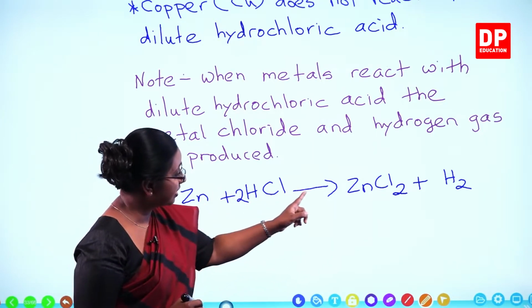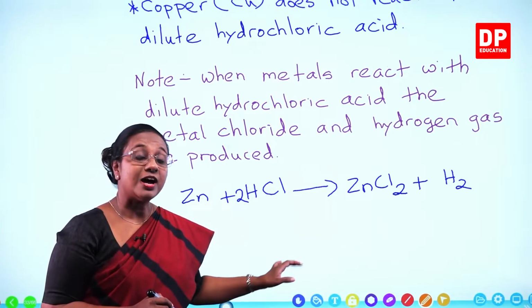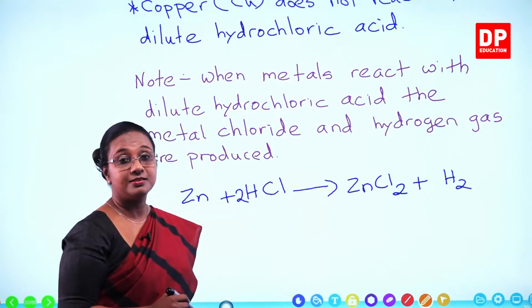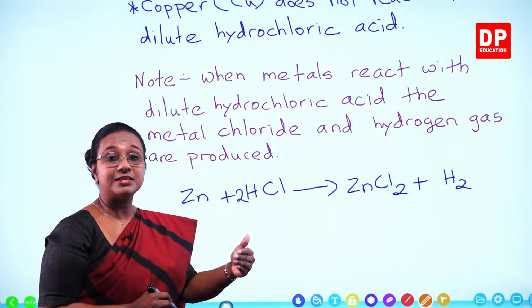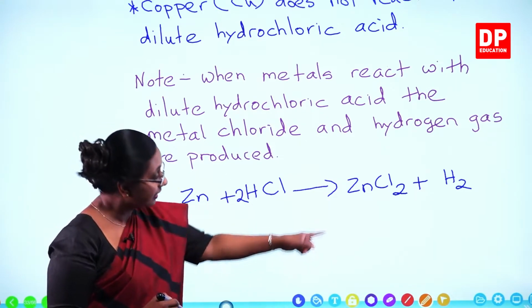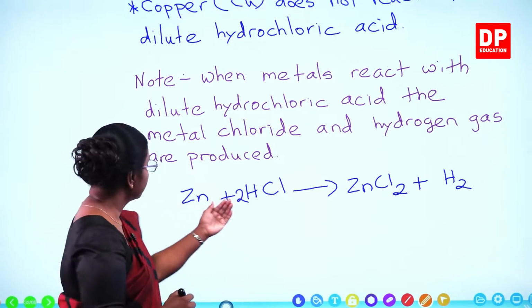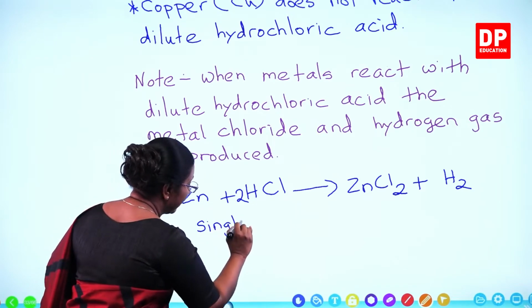Zn plus 2HCl gives rise to ZnCl2 plus H2. And what type of a reaction is this? Zinc displaces hydrogen. In the earlier reaction, you can remember magnesium displaces hydrogen. So the metal displaces hydrogen. That is why the hydrogen gas is evolved or liberated. So here, of course, this is going to be a single displacement reaction.